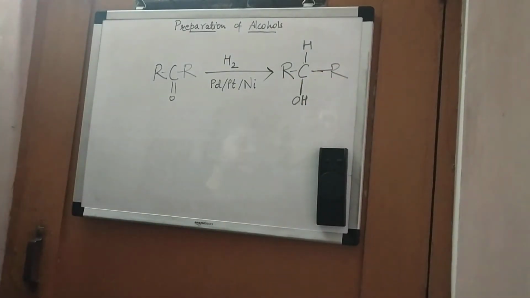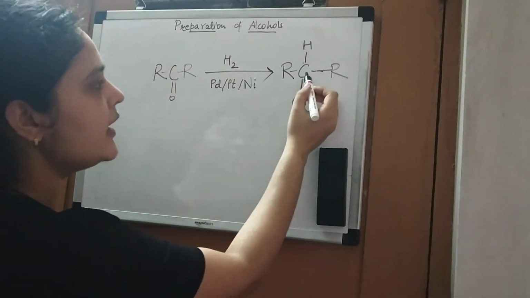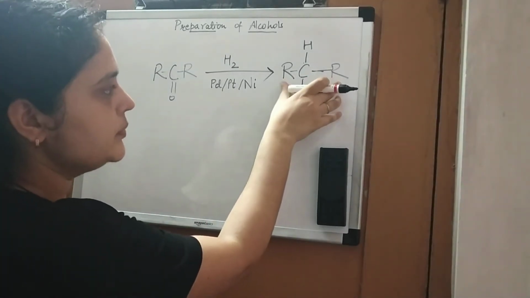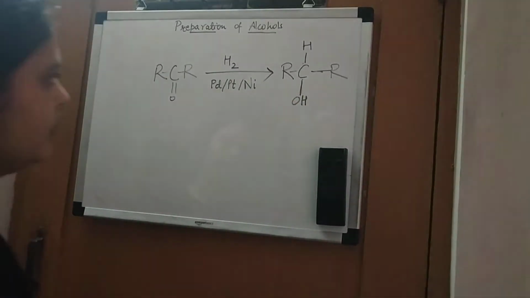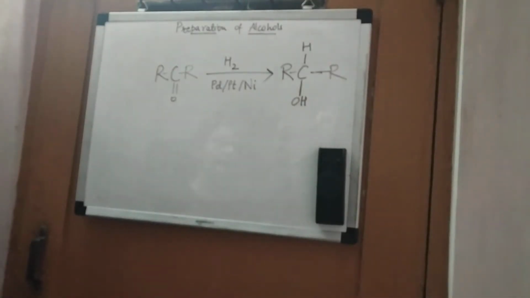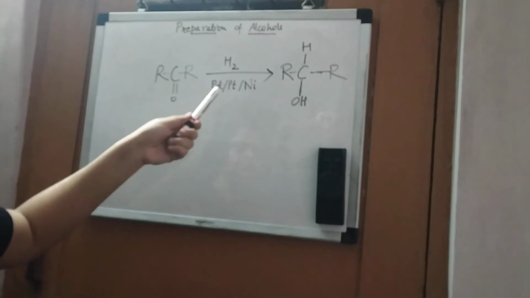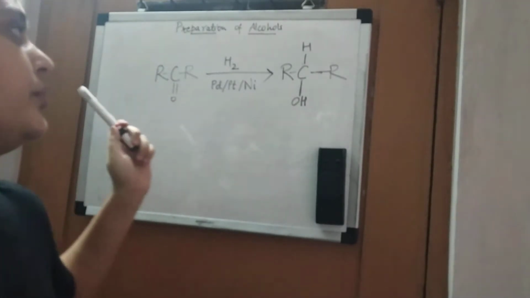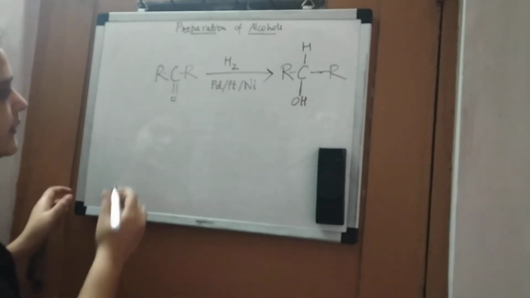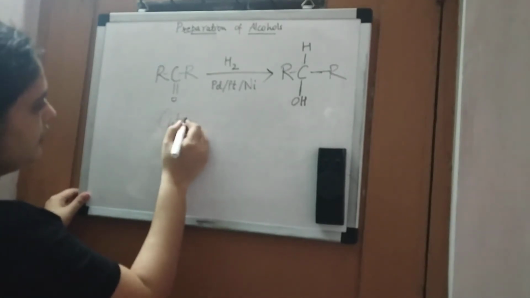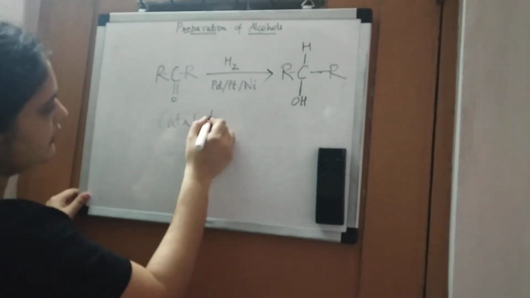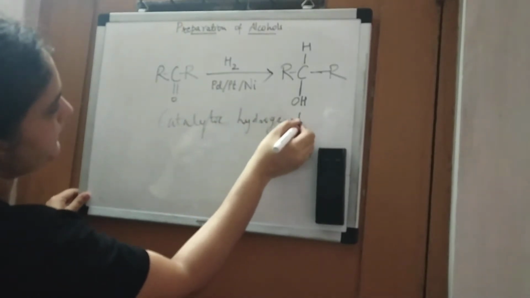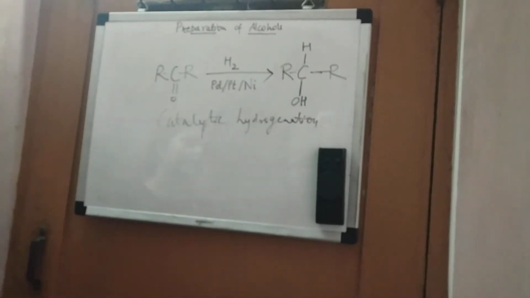This is a secondary alcohol because the carbon atom is attached to two alkyl groups. So this is the difference when we add hydrogen and catalyst to the aldehyde and ketone, and this is known as catalytic hydrogenation.